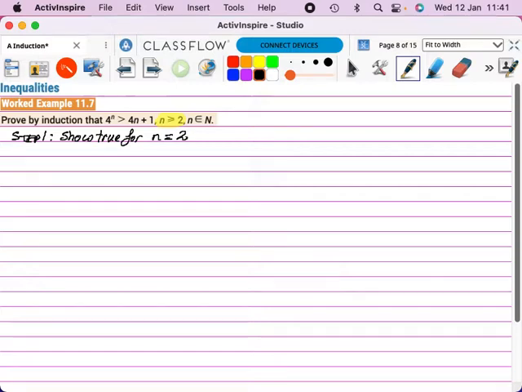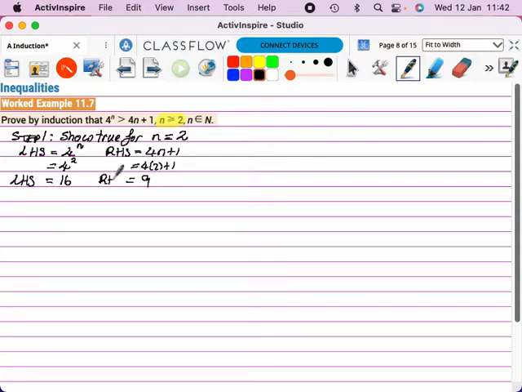So, showing true for n equals 2, the left-hand side is 4 to the power of n. Therefore, it's 4 to the power of 2, and therefore it's equal to 16. So the left-hand side is equal to 16. The right-hand side is equal to 4n plus 1. So it's going to be 4 times 2 plus 1, which is 4 2s are 8, plus 1 is 9.